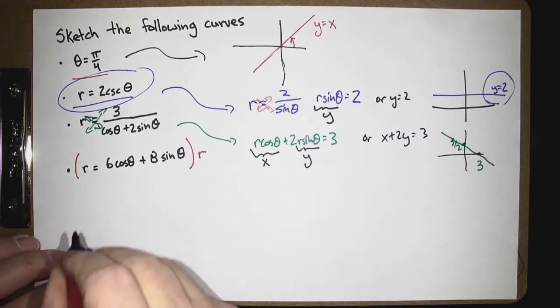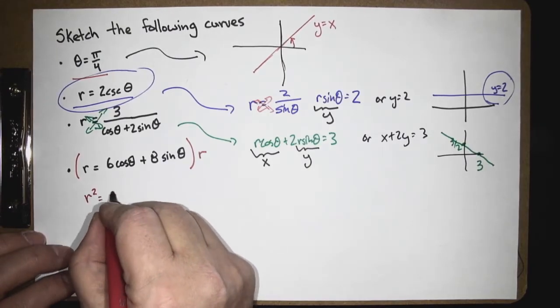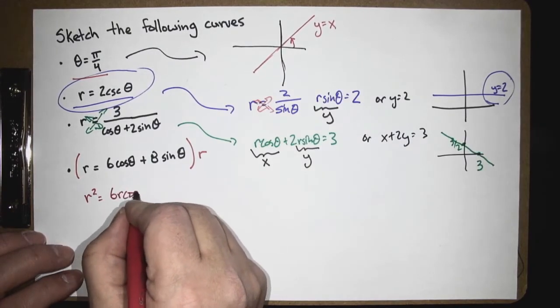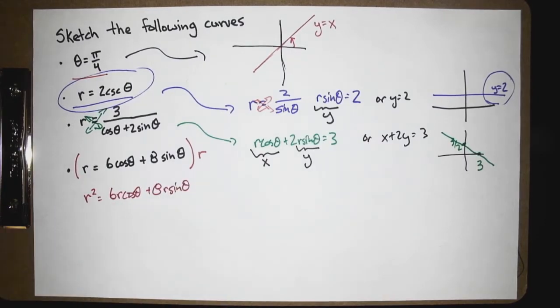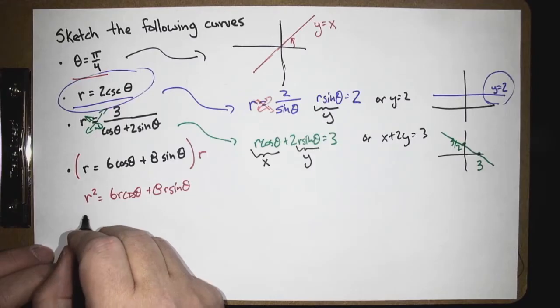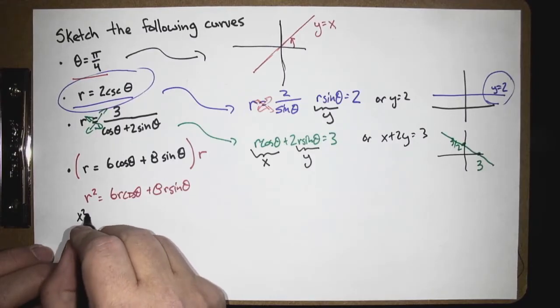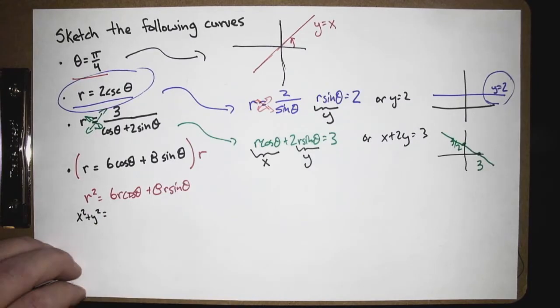Okay, so what do we have? r squared equals 6r cosine theta plus 8r sine theta. And all of these are things we like. r squared, what does that become? x squared plus y squared. r cosine theta.